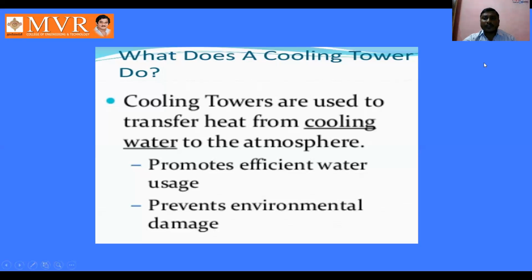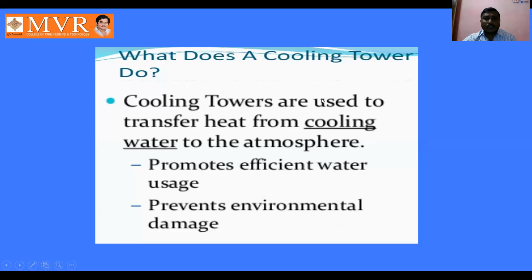In the induced draft, we are also using a fan, but we place it at the topmost position of the cooling tower, as the shaft of the fan is vertical. And for the forced draft, the shaft of the fan is vertical as well, and it is placed at the bottom of the cooling tower.